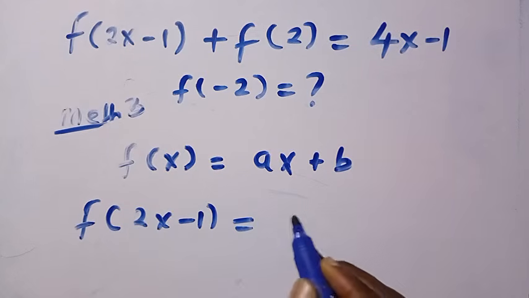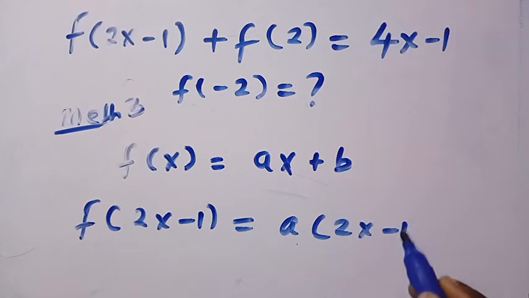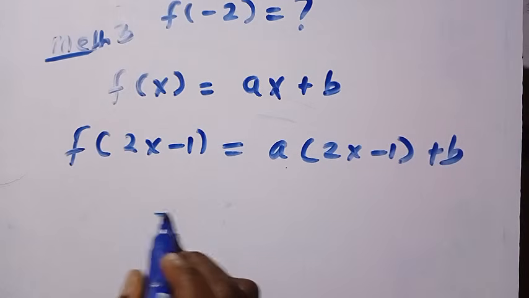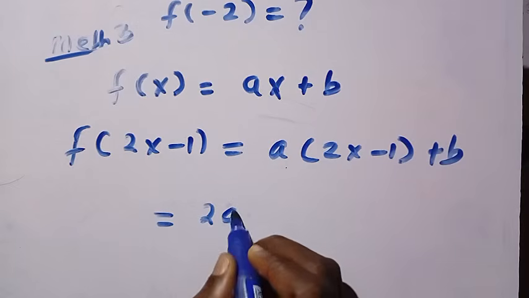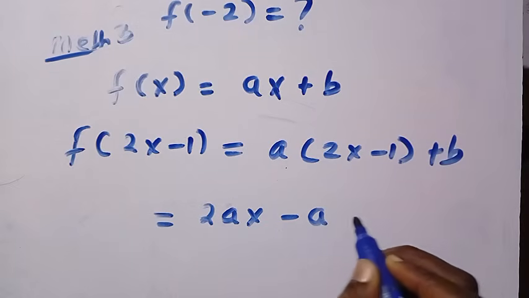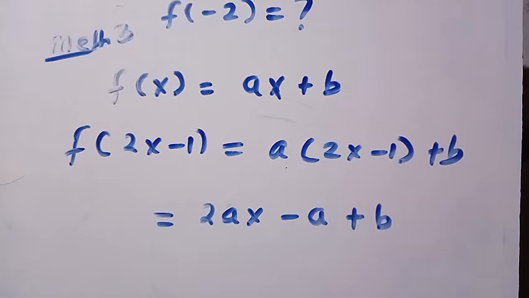We have a into bracket of 2x minus 1 plus b. So this equals a times 2x, that is 2ax minus a plus b.